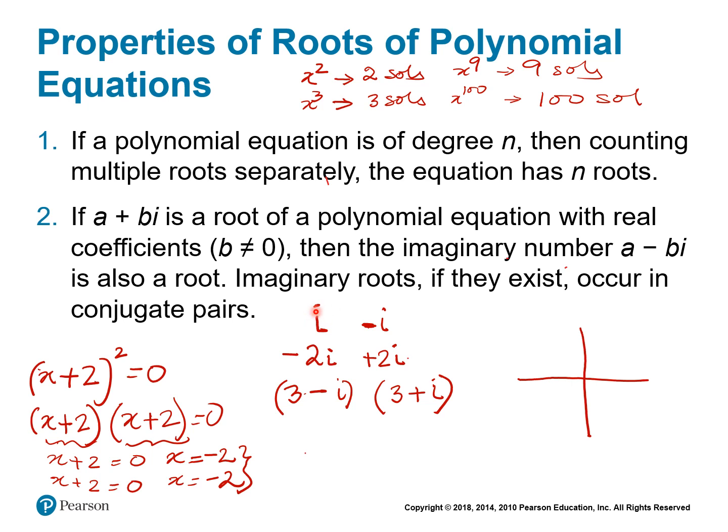But when the x value is an imaginary value, the graph will never touch the x-axis. That means these x-intercepts are only in theory, only in imagination. They will never touch the x-axis.